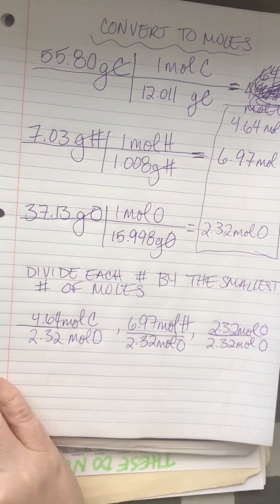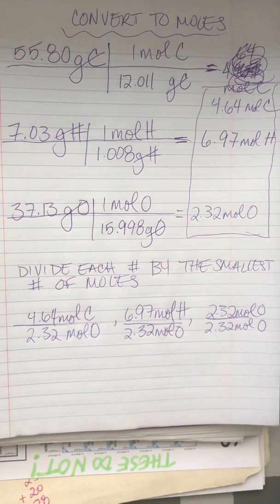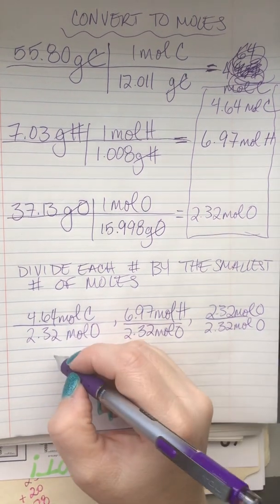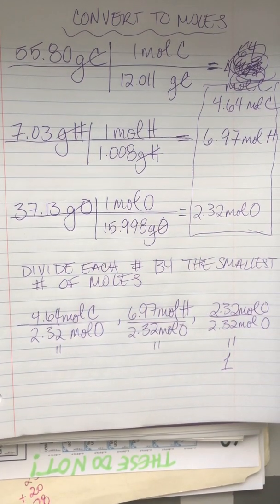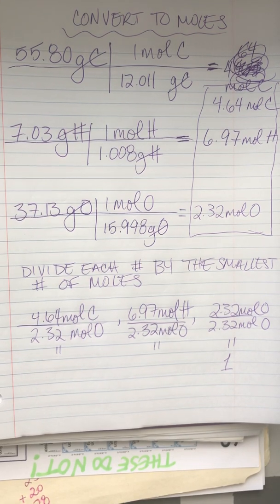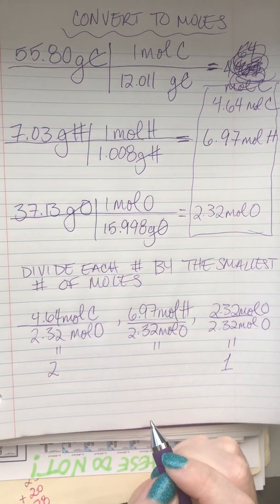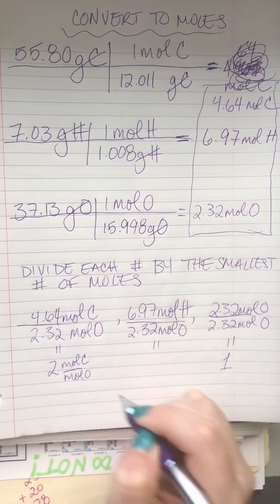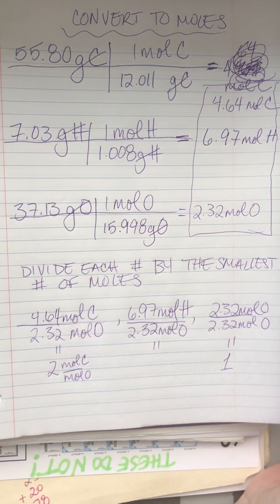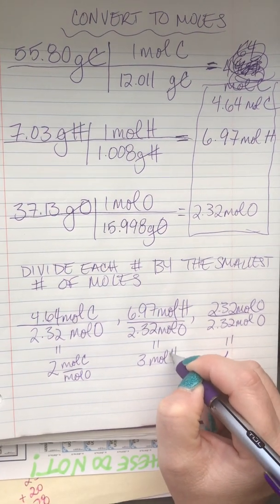And we'll talk about why we're doing this once we've done it. So the first one is 2, right? Then the second one is 3.00 or 3. And then the last one's 1, right?